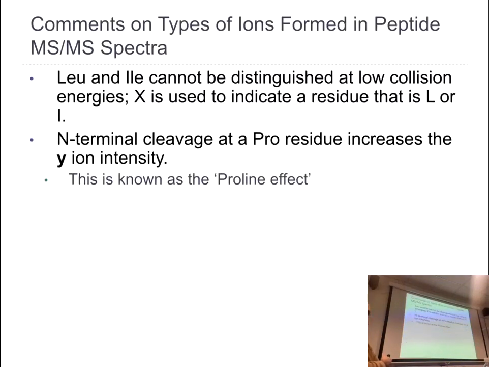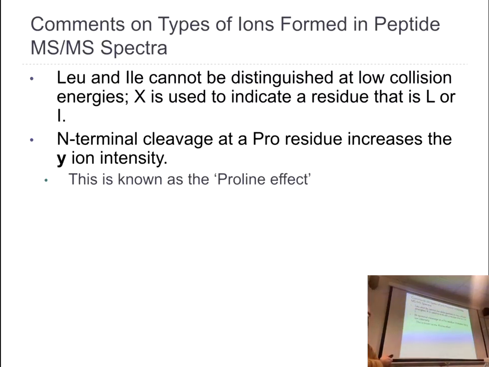Now, comments. Leucine and isoleucine, if we do low-energy CID, we can't differentiate them. Do you know why? Same mass. They're isobaric. They're the same mass, so you can't tell.